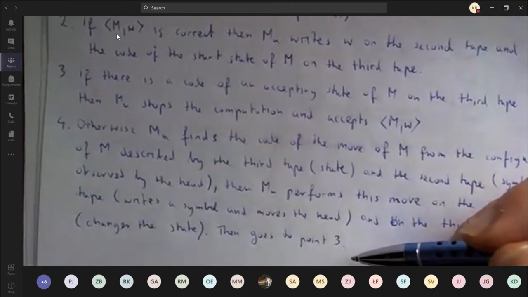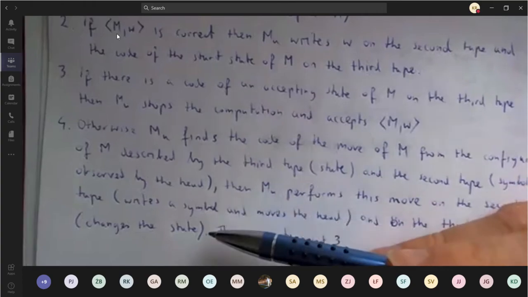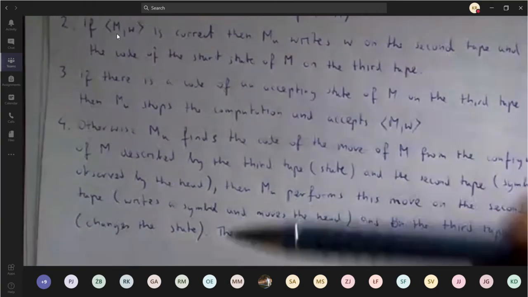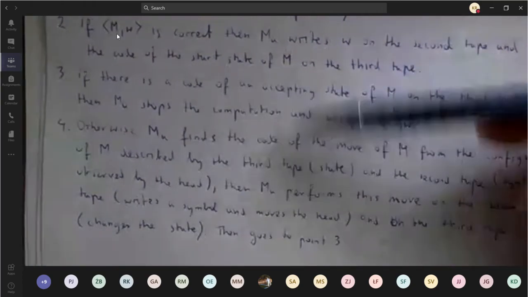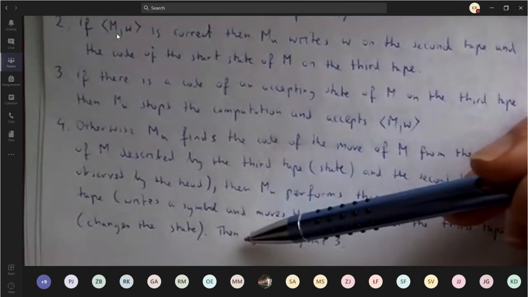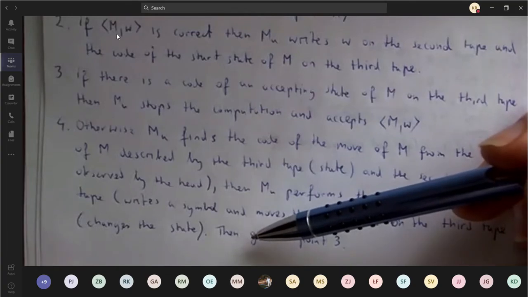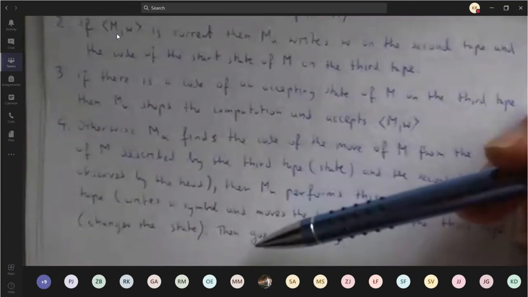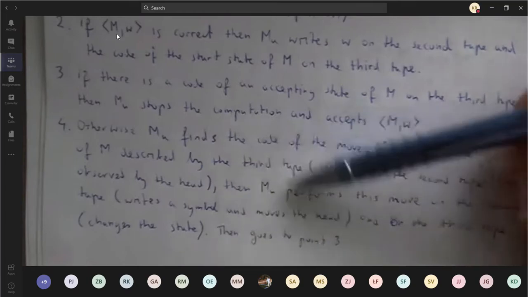So checks if the state on the third tape is accepting. So we have a loop here. This 3 and 4 is a loop. It performs a move of M, checks if the state on the third tape is accepting. If yes, then accepts. If not, then performs another move, and so on.